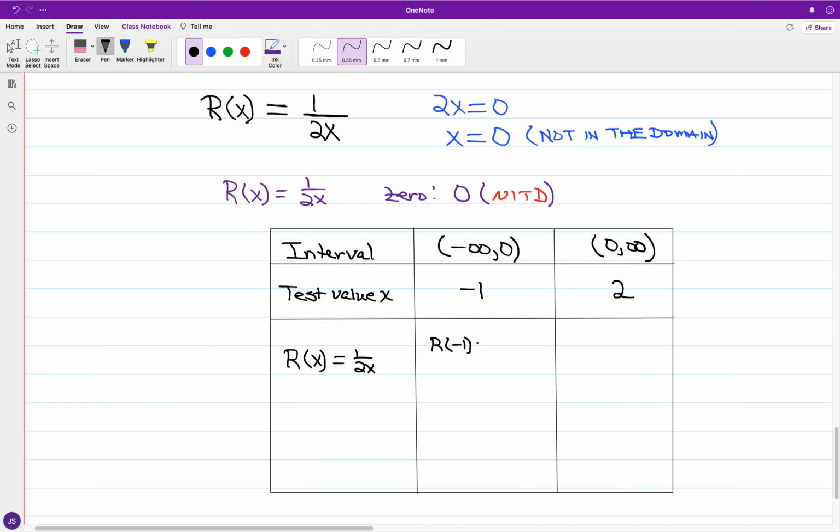And for r of -1, we have 1 over 2 times -1, and we have 1 over -2, so this is going to go to -1/2. And in the case of r of 2, we have 1 over 2 times 2, and so this will come out to 1/4, which will be a positive number.